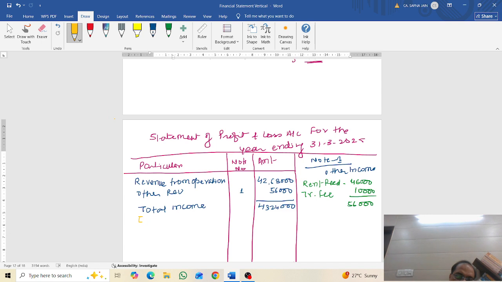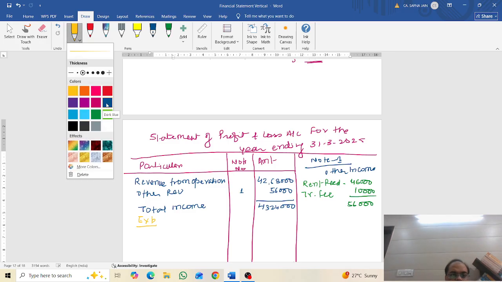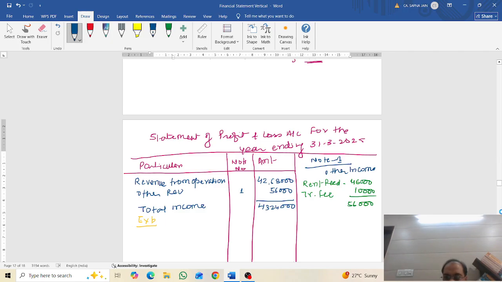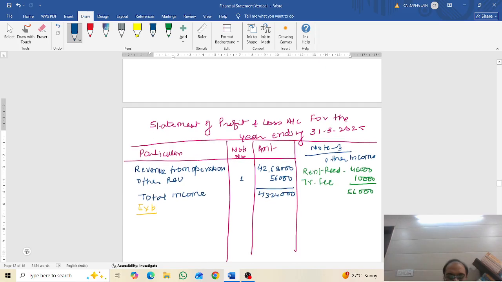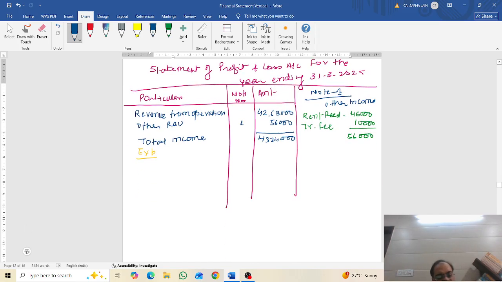So now expenses. Under the expenses, material consumed is given in the question.